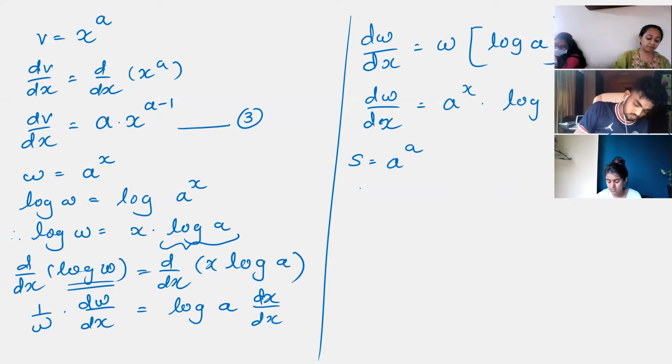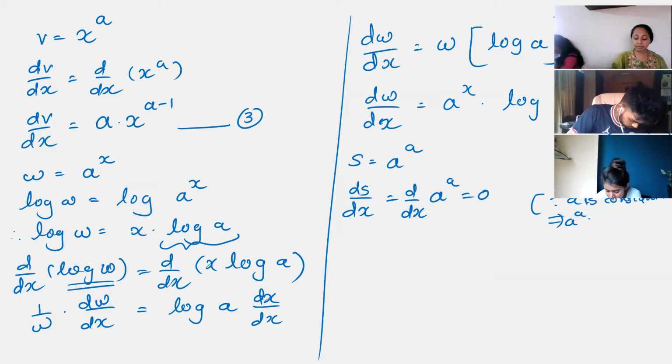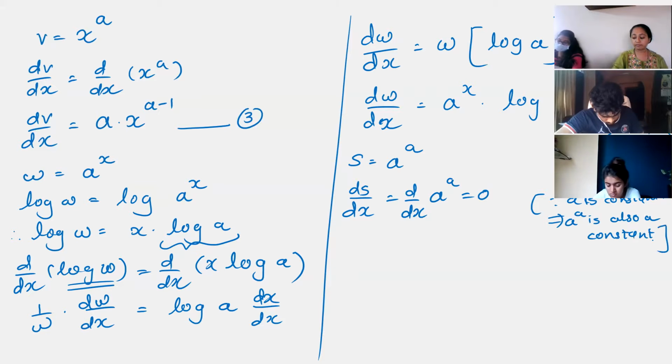So if I differentiate with respect to x, it will give me 0. Because a is constant, and in that case a to the power a is also constant.